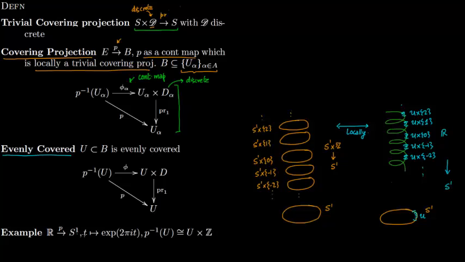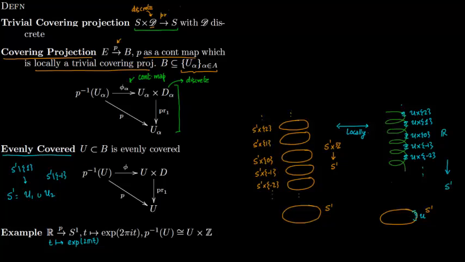You have P as a continuous map, so t from here gets mapped to exponential of 2 pi i t, and the inverse map of an open set is U times the integers, which I have just written here. Notice that the standard cover of S1, you can say it is a union of two open sets. This set you can say is S1 minus 1, and U2 could be S1 minus 1. In fact, you could take any 2 points P and Q and form an open cover. Here I have just drawn a small open set U.